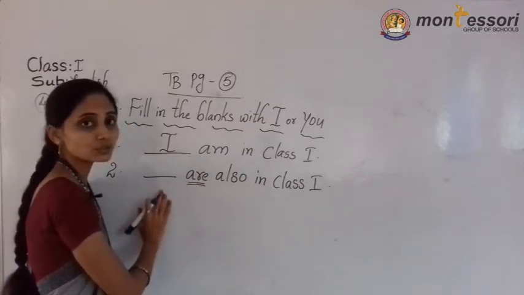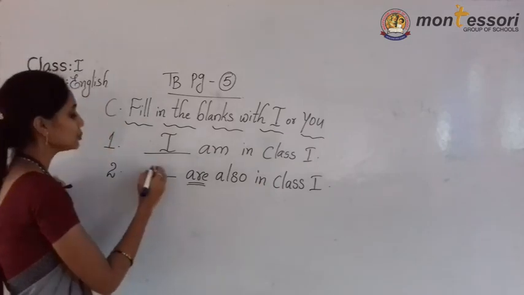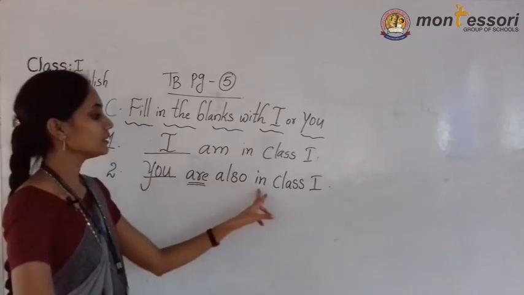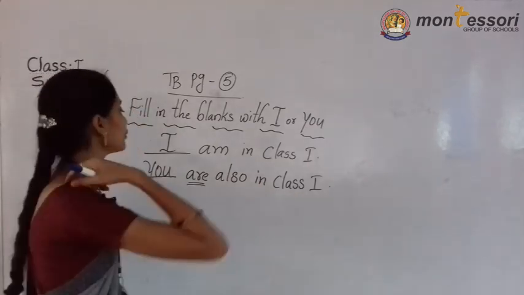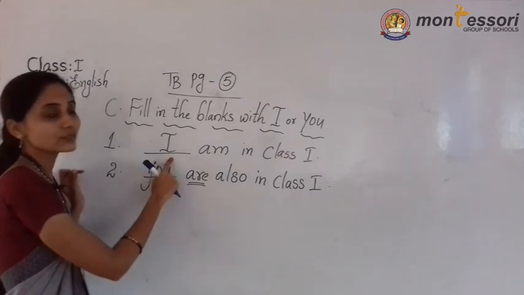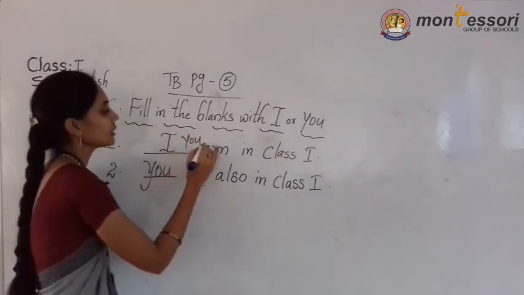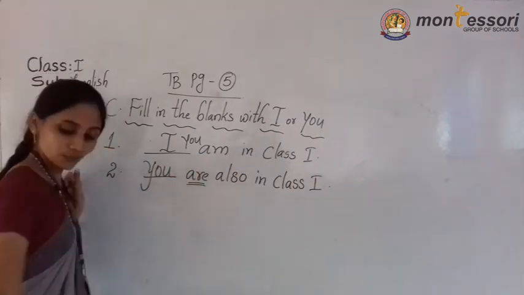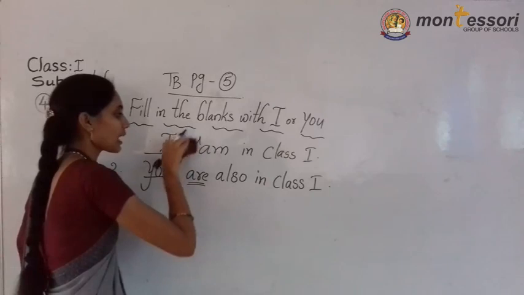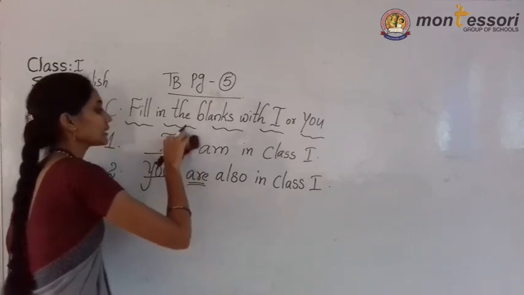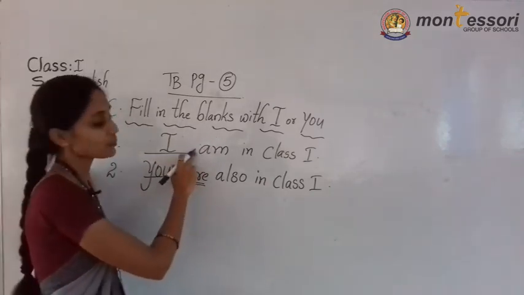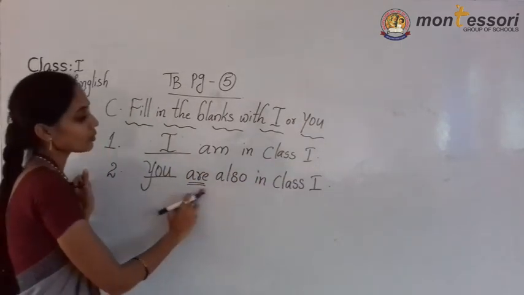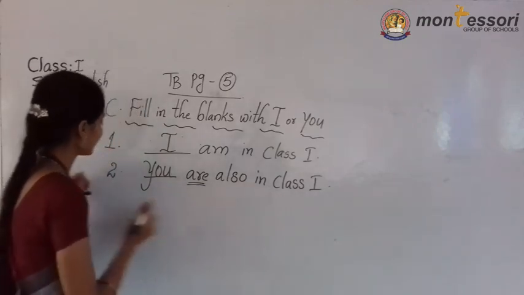When R comes, what we have to use here? You. You are also in class 1. We can't use I here. So, I am in class 1. This sentence is talking about ourselves. I am in class 1. You are also in class 1.